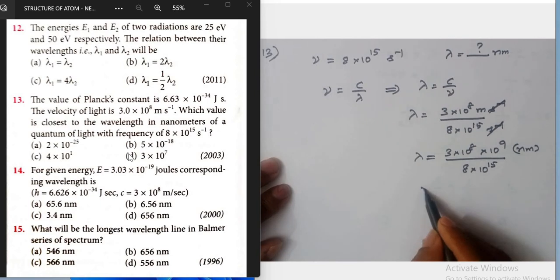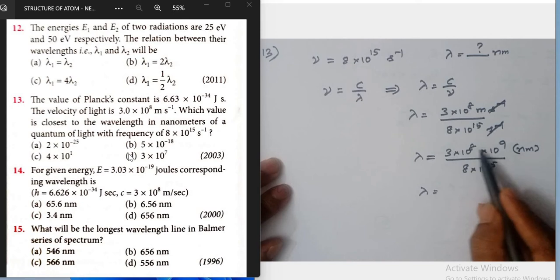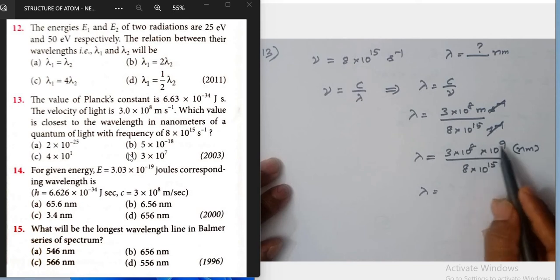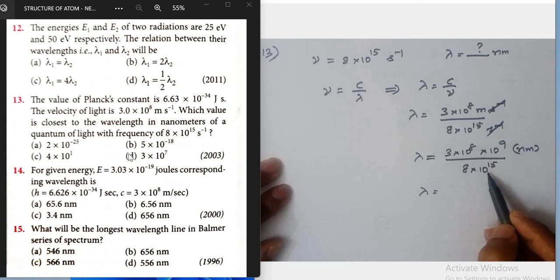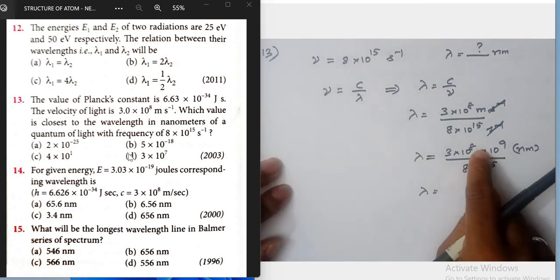So lambda is equal to, see here, 10 power 8 times 10 power 9, if you multiply, you will get 10 power 17. In the denominator we have 10 power 15. If you bring it to the numerator, it becomes 10 power minus 15. So 17 minus 15 becomes 10 power 2.